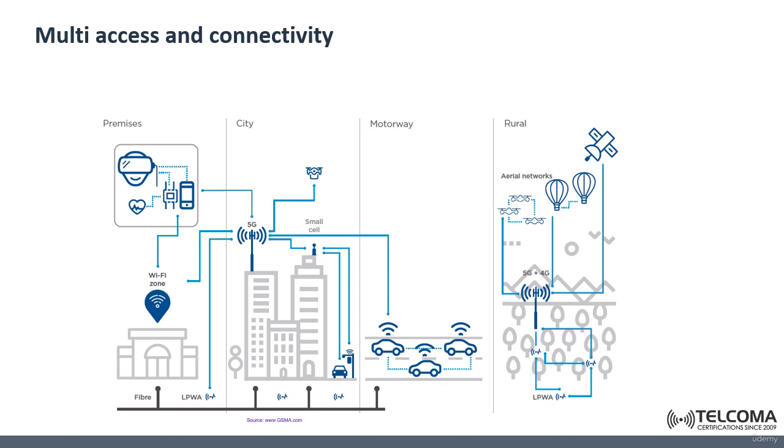So multi-connectivity will help to provide the best user experience for different services and applications, such as providing high bandwidth, good network coverage, reliable mobility of low frequency, and accessible Wi-Fi resources.